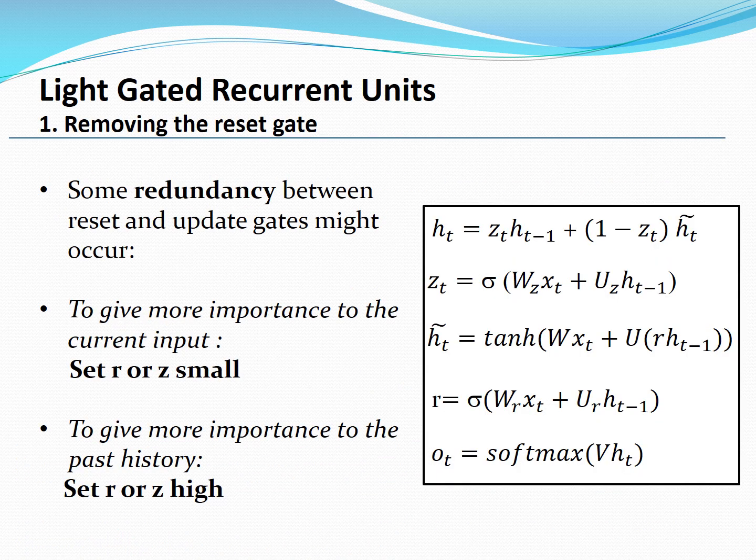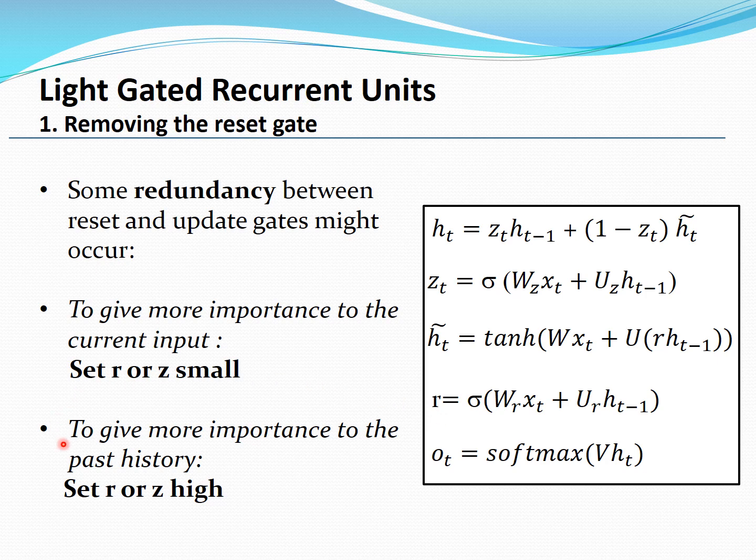But first of all, why removing the reset gate? Well, if you take a look into the equations, you can see that there may be a kind of redundancy in the role played by reset and update gates. Why? For instance, if you would like to give more importance to the current input, you can set small values of the update gate or, in a similar way, small values for the reset gate.